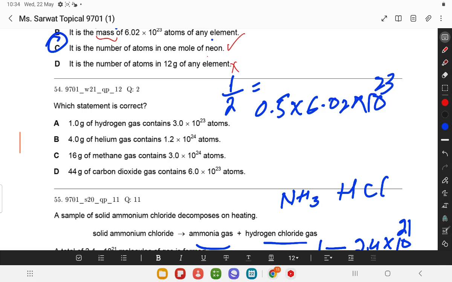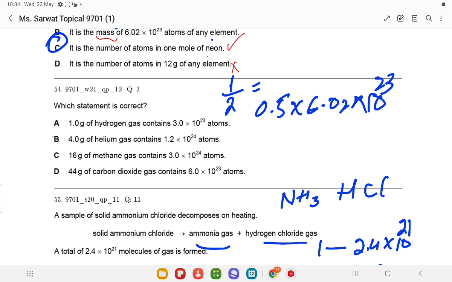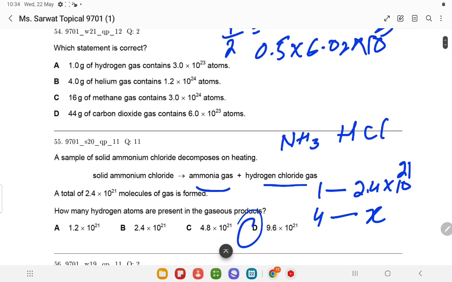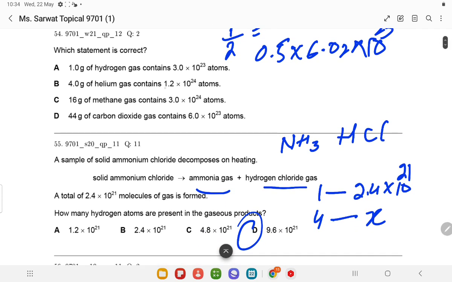So next question, which statement is correct? 1 gram of hydrogen gas contains 3 into 10 raised to 23 atoms. 4 gram of helium gas contains 1.2 into 10 raised to 24.